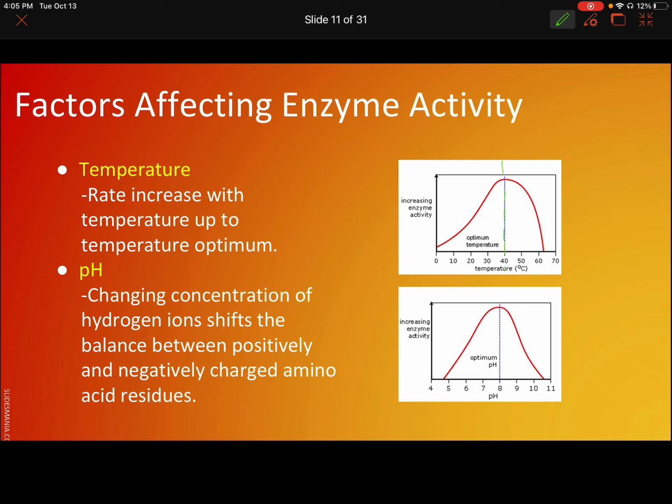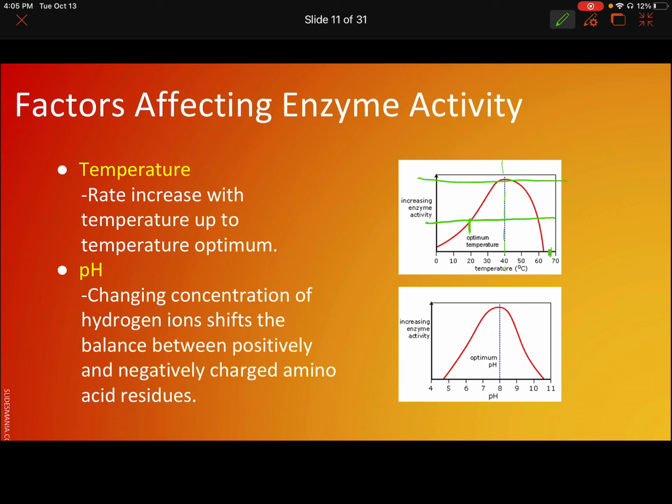But if you get it up too hot, up here to about 65 degrees, that enzyme is just going to completely stop working. Same thing if you get cold. You could take it down to 20 degrees, and now that enzyme is only working at about half capacity.